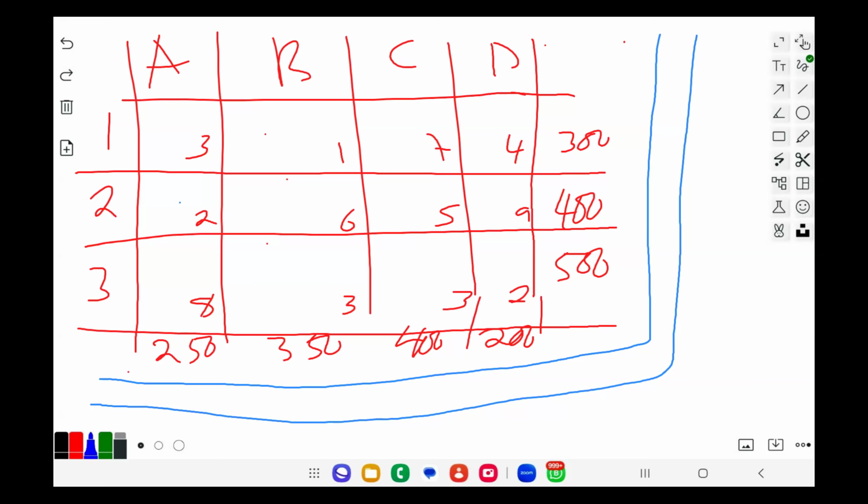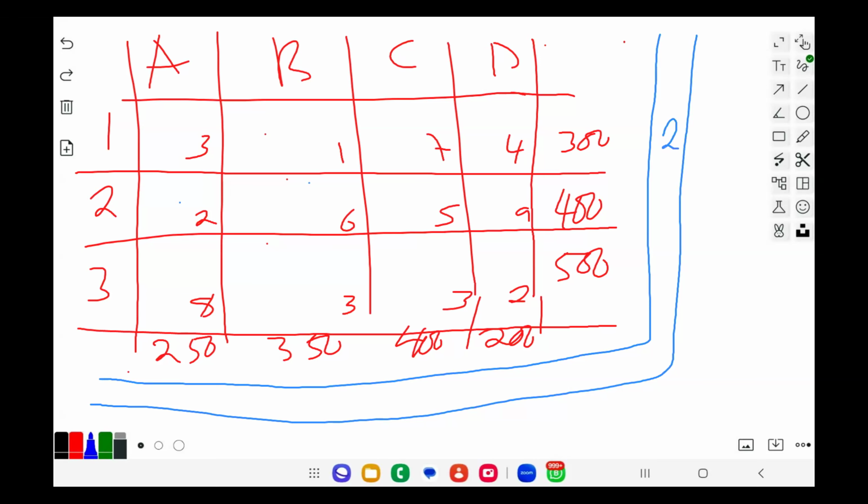First of all, we can follow the rows, or the suppliers. Let's look for the minimum number and the second minimum number. Then we take the difference. What is the minimum number? It's 1, followed by 3. So 3 minus 1 gives us 2.